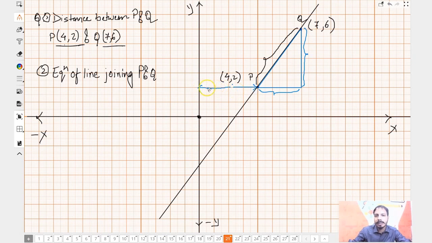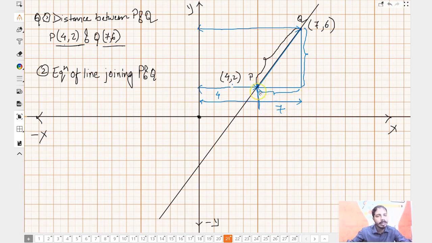This length is nothing but the abscissa of this point, or the x-coordinate, that is 4. So this is 4, and we know this length. This length is nothing but the abscissa of this point, that is 7. So we know this length, which is 7, and this length, which is 4.